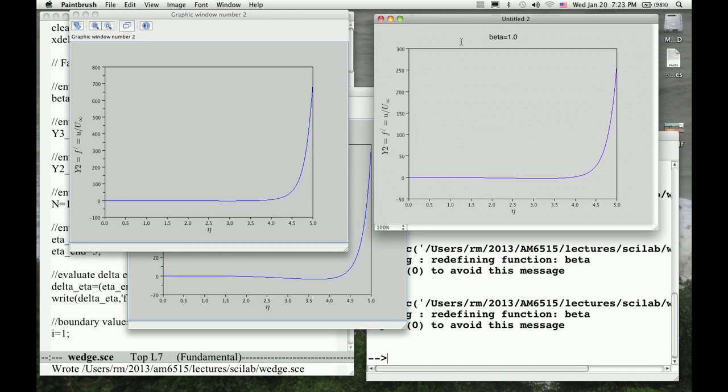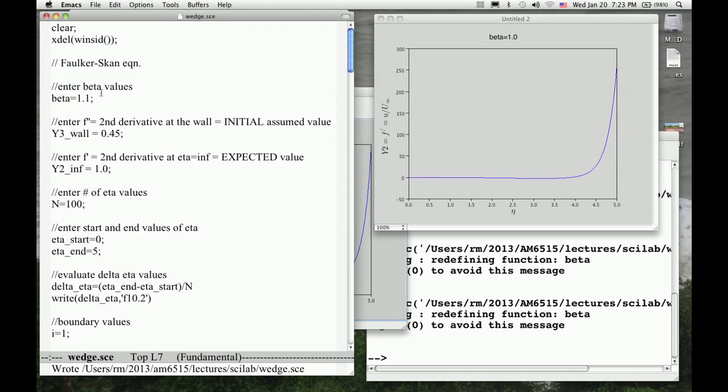What is different is that at eta equal to 5, this is 250, and this is actually more than double, because it's like 700, okay. So this is 1.1. So it doubles just by changing it by 0.1.